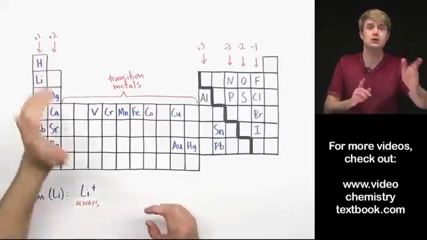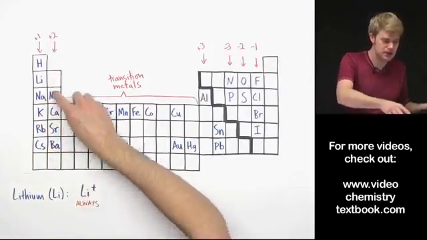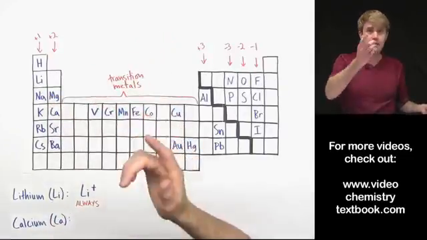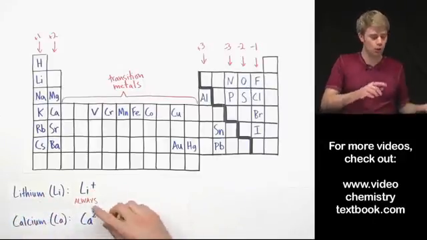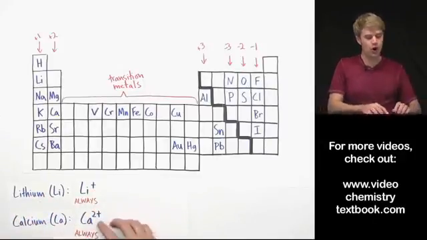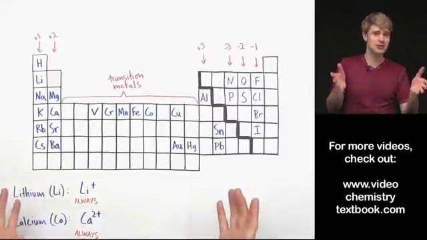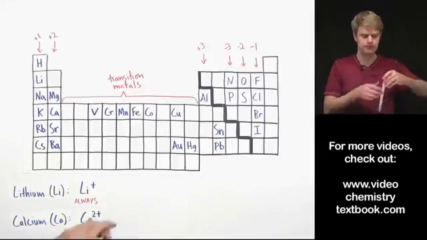We know that based on its location. The same is true for calcium. Calcium is in this column here. When calcium makes an ion, that ion will be Ca2+, and calcium will always make ions that are 2+. Every single calcium ion, for the most part, will be Ca2+.